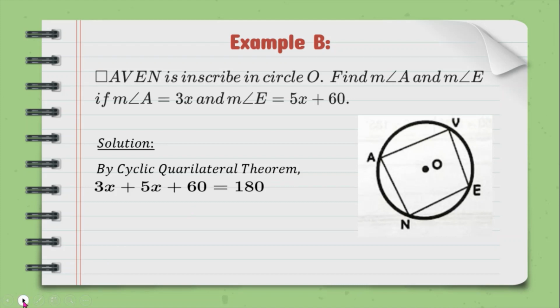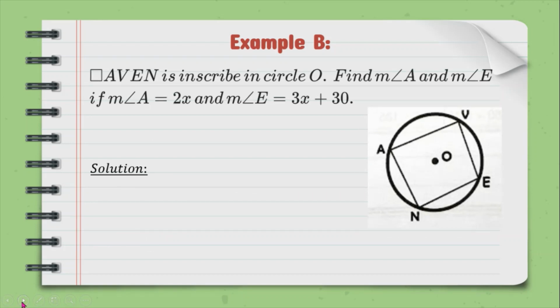So that's 3x plus 5x, that's 8x, and 180 minus 60, that's 8x is equal to 120. Divide both sides by 8, that is, the value of x now is 15. We are just going to substitute the value of x to the measure of angle A, which is equal to 3x, so that's 3 times 15, which is equal to 45 degrees.